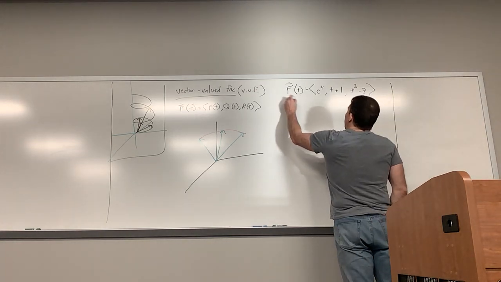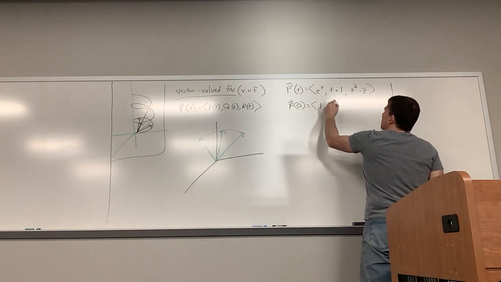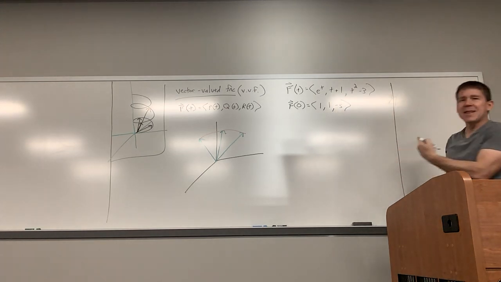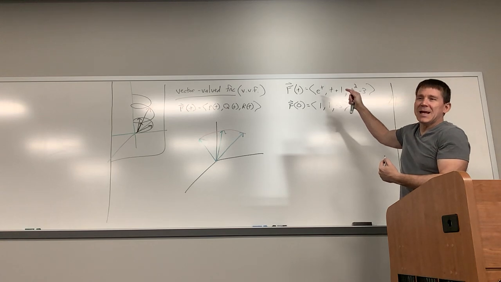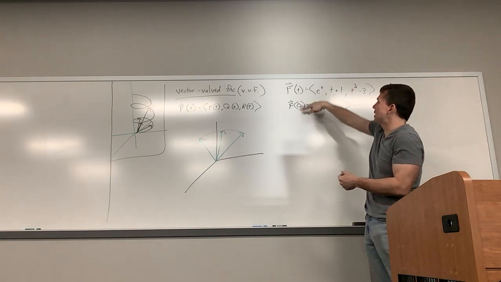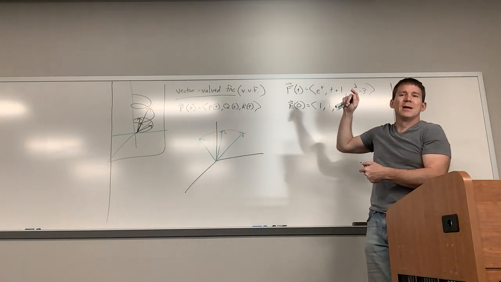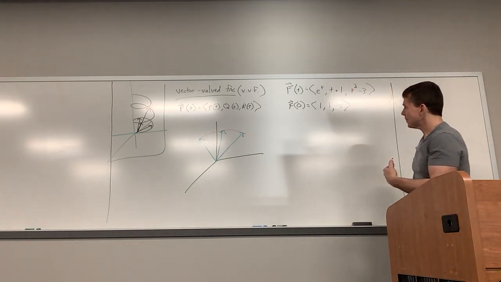So if I have f of 0, I get e to the 0, which is 1, 0 plus 1, which is 1, 0 squared minus 3. Plot that vector, and then the terminal point, 1, 1, negative 3, is the point on my curve for t equal to 0. Pick different t values, get different vectors, plot their terminal points, connect the dots, get my curve.